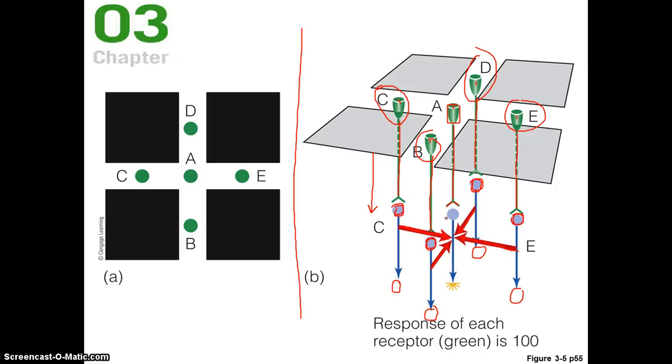The activity of a neuron depends on the sum total of all of the inputs that are going to that neuron. So the activity of this cell doesn't just depend on the amount of excitatory messages coming from receptor A, it also depends on all of these inhibitory inputs that are coming from all of these four other bipolar cells.